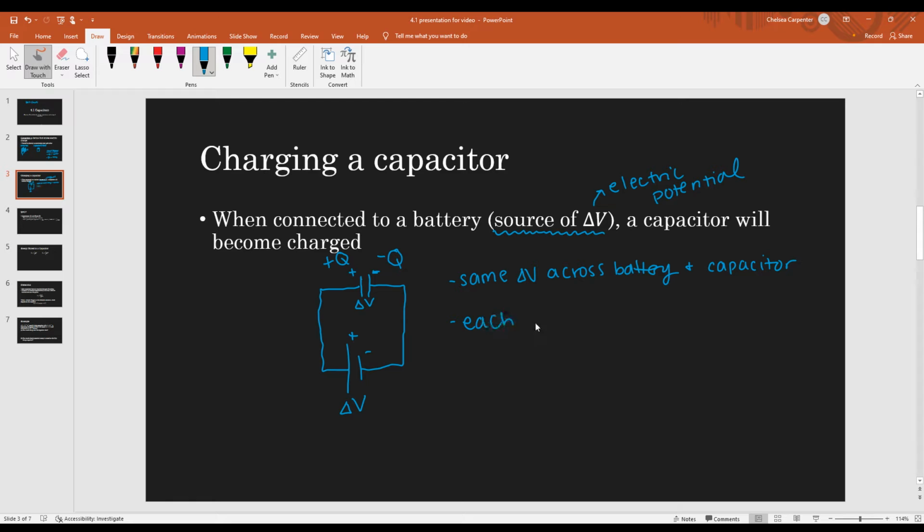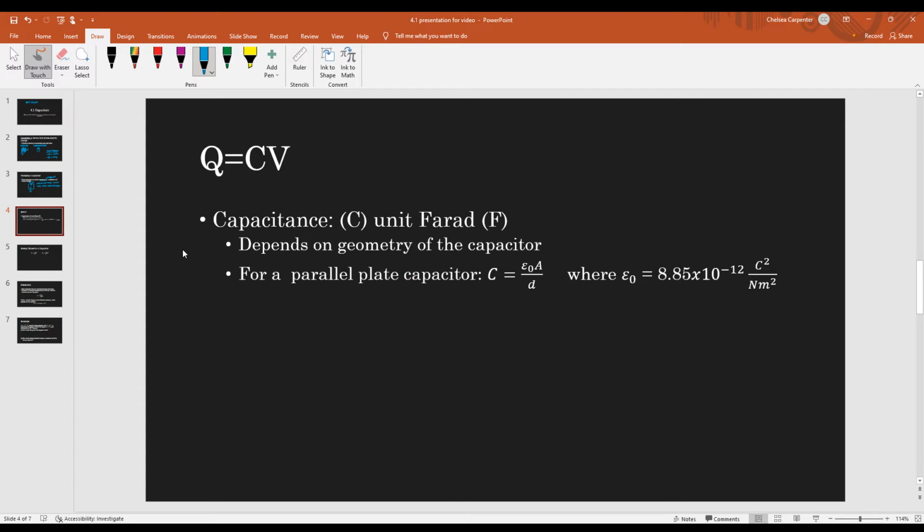And each plate collects the same amount of charge. And we call that charge Q. So our first formula is going to be relating this electric potential and amount of charge that is collected. And the formula is right here. Q equals CV.